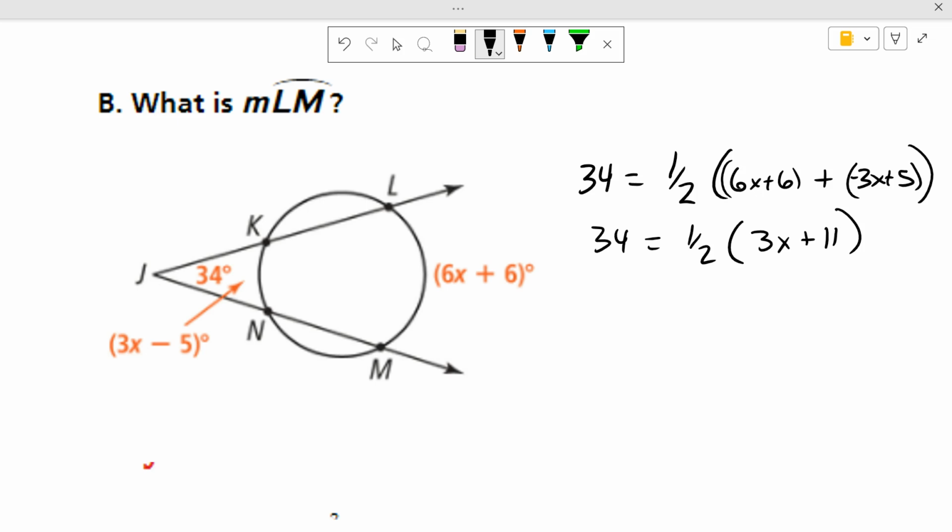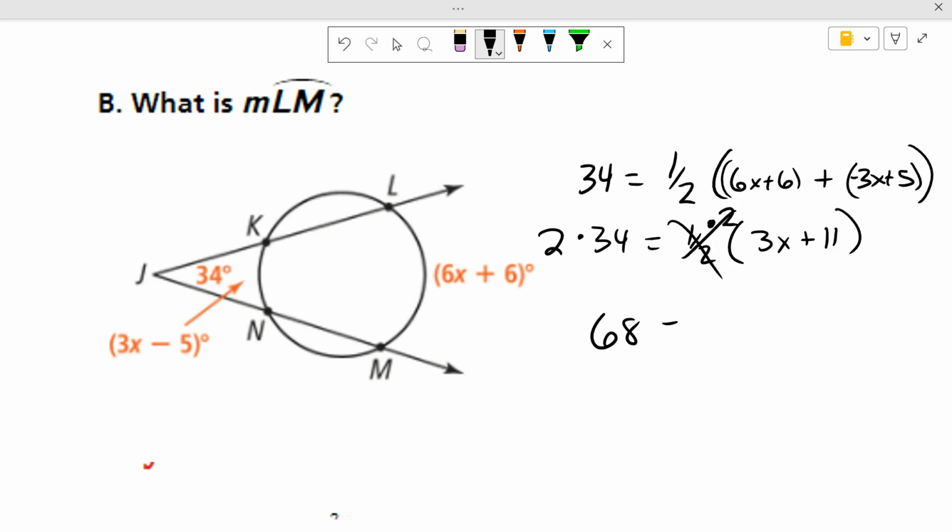Now, I'm going to get a whole bunch of fractions if I distribute my 1/2 through there, right? And you guys don't like fractions that much. So we don't have to work with fractions. What would I multiply by to get rid of that 1/2? 2. Multiply by its reciprocal. Multiply by 2.